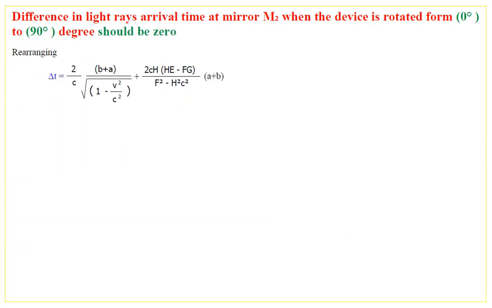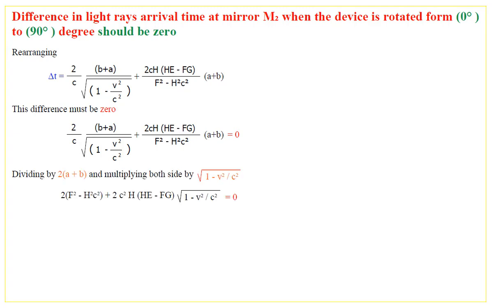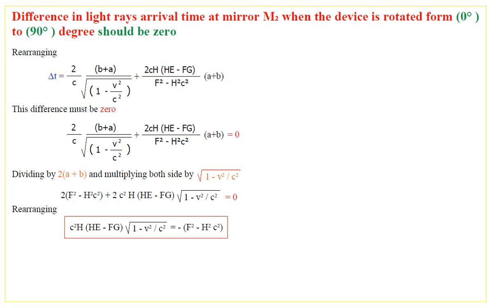Rearranging. This difference must be 0. Dividing by the term 2 times a plus b and multiplying both sides by the term square root of 1 minus v square over c square. Rearranging.